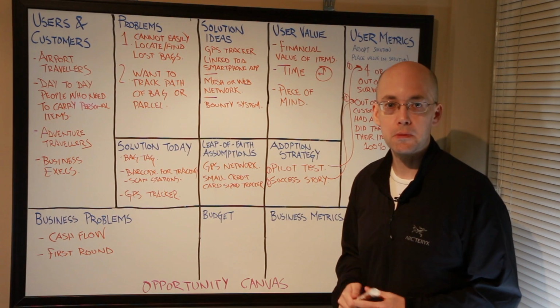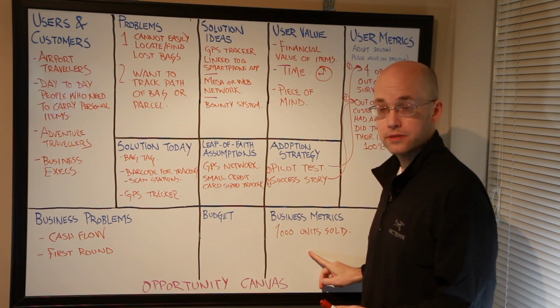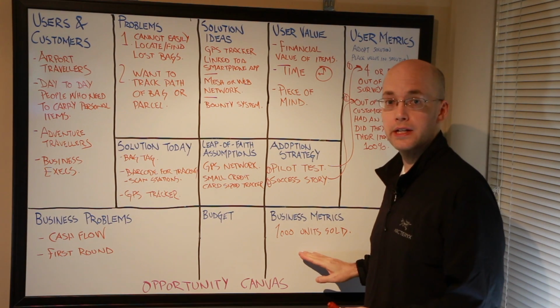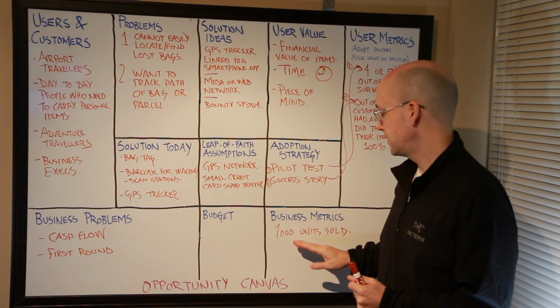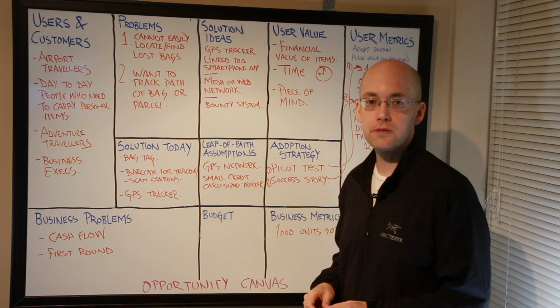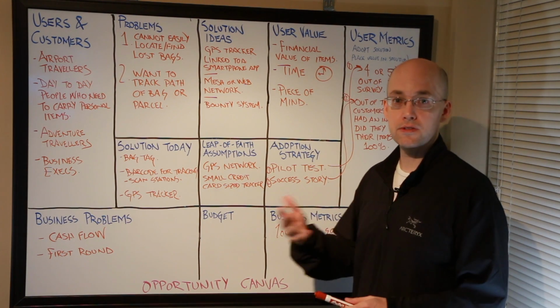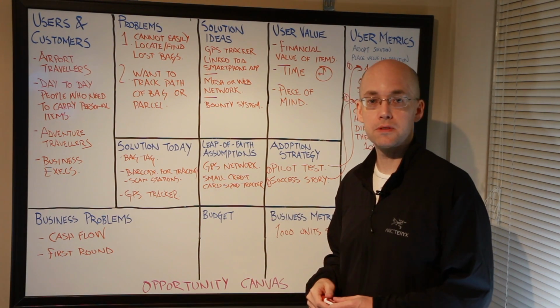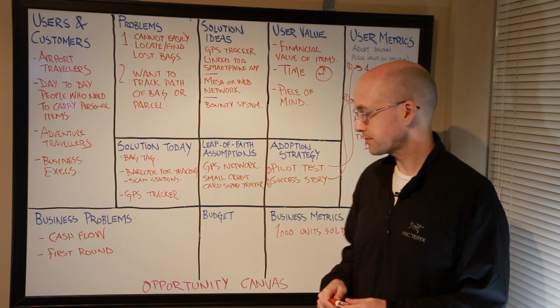Let's make up an arbitrary number. What I've done here for this business, based on some analysis, and this is an assumption at this point just to keep it simple, is we want to sell 1,000 units of this item. Once we have 1,000 units, we will consider this profitable for the first version that goes out.